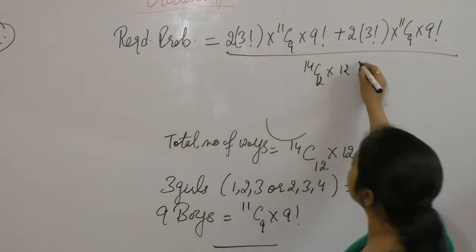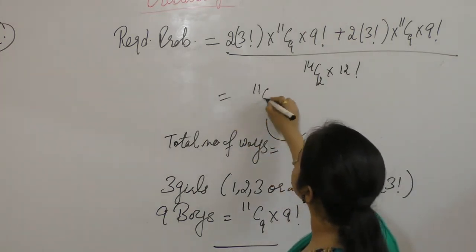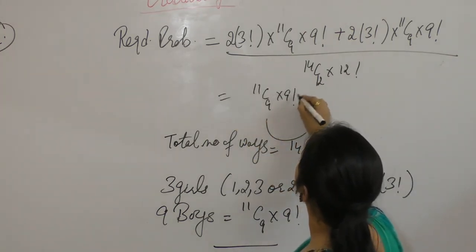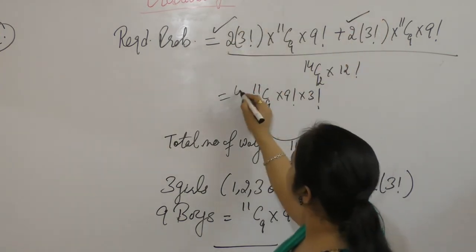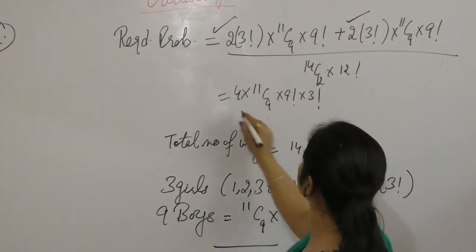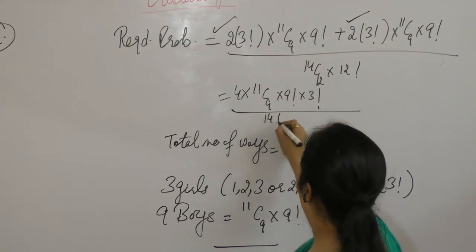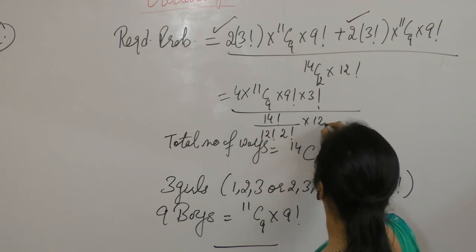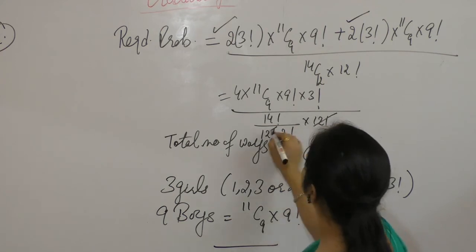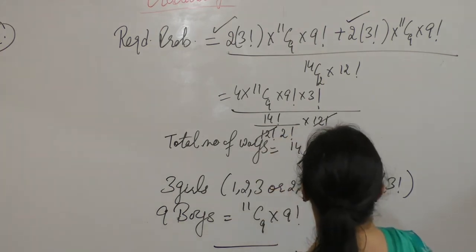14C12 into 12 factorial. Take 11C9 into 9 factorial into 3 factorial common. 2 plus 2 is 4 upon 14C12, that is 14 factorial upon 2 factorial 12 factorial, into 12 factorial. The 12 factorial will get cancelled.